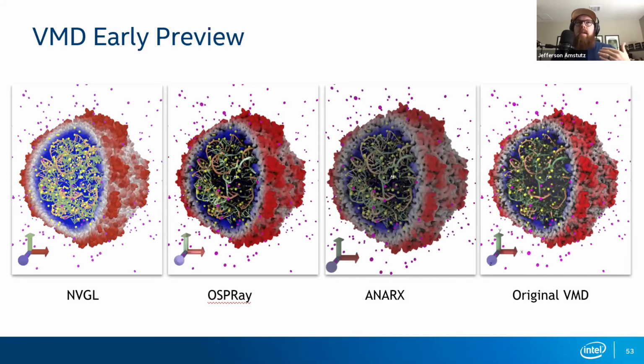NVRX is an OptiX-based implementation that NVIDIA was working with. And then, of course, the far right is all of the code that was handwritten inside of VMD, what it's looking like. And we even have efforts from John Stone, who leads the VMD effort, to work on his rendering code also be in terms of the Anari API.